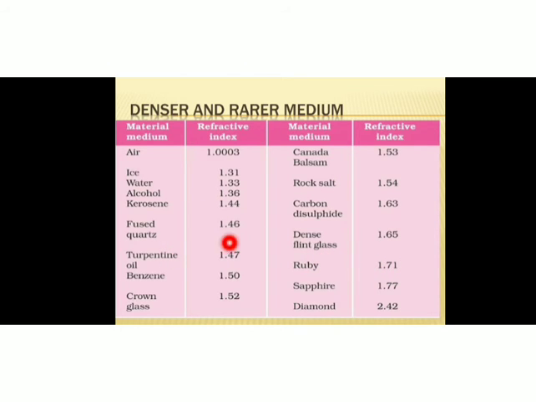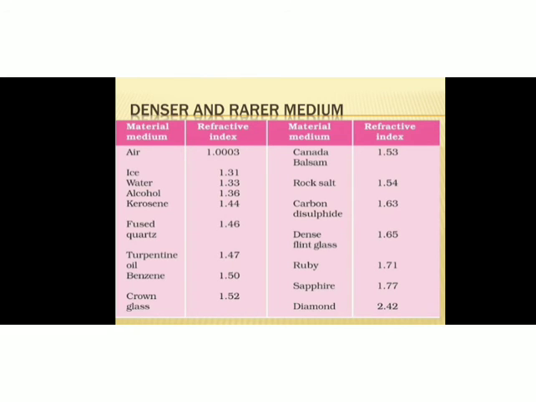Here, we can identify denser and rarer medium with the help of refractive index. How? Material having a high value of refractive index will be a denser medium. Material having a low value of refractive index will be a rarer medium.